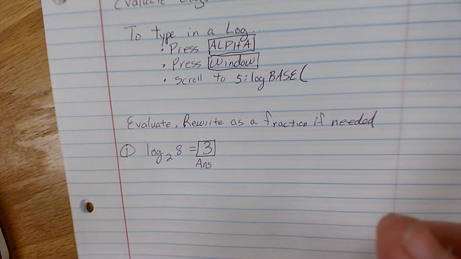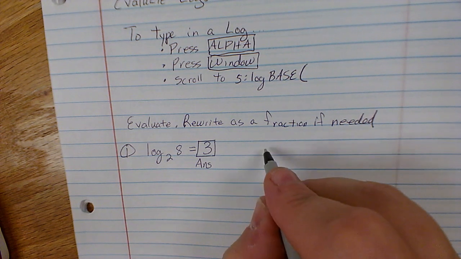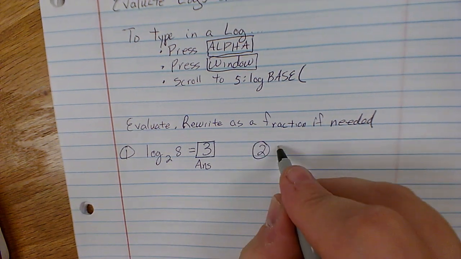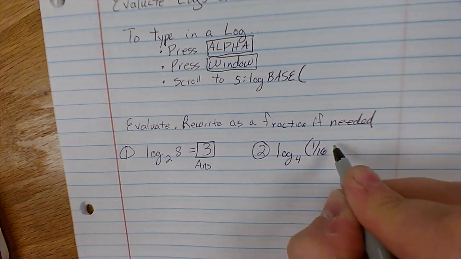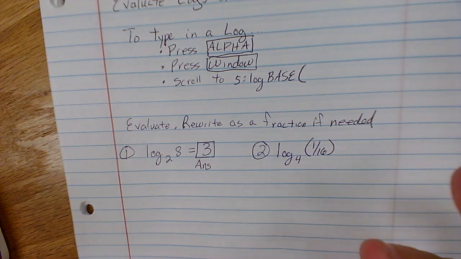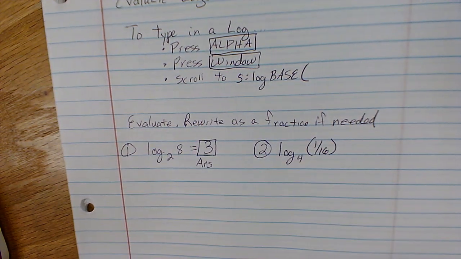I do want to go over a couple of weird-looking ones. So don't let fractions fool you. Log base 4 of, say, 1 over 16. I have the habit of writing it in parentheses, but normally they're not necessarily written.